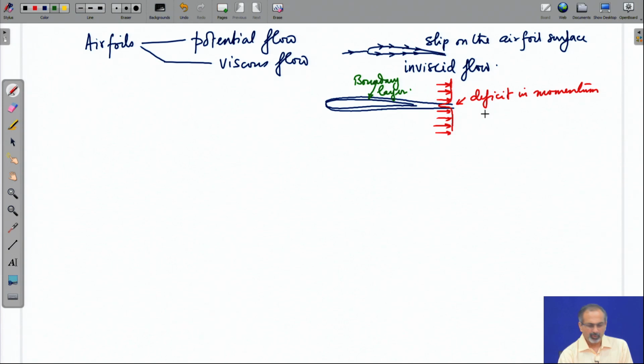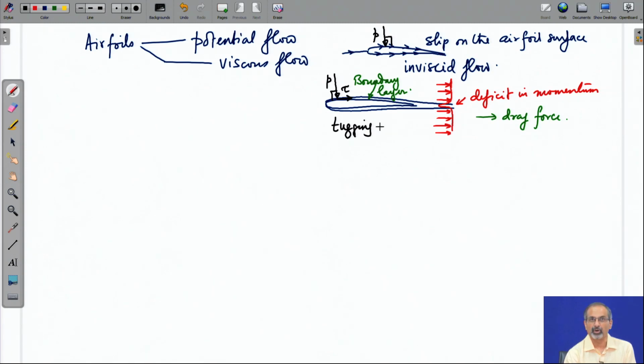Now, this deficit in momentum can be correlated with the drag force which is acting on the airfoil, and which is purely a viscous effect. So, in the case of the inviscid flow, we only have the pressure acting normal to the surface, while in the case of viscous flow you have pressure acting normal and additionally the shear stress acting tangential to the surface, so that it has a so-called tugging action.